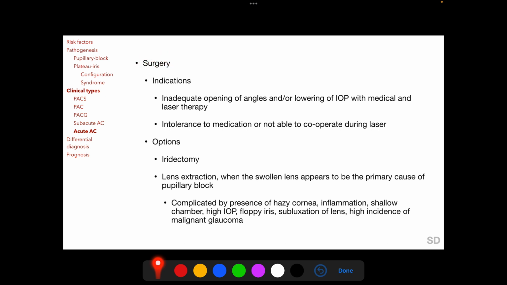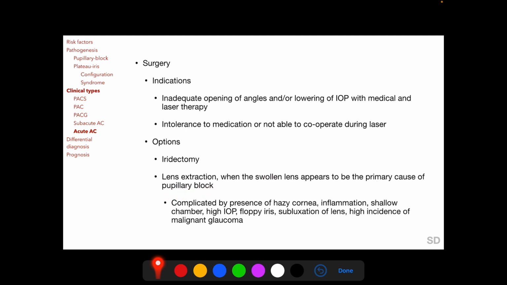Surgery for acute primary angle closure attack is indicated when there is inadequate opening of the angles and/or lowering of the intraocular pressure with medical and laser therapy, or if the patient is intolerant to medication or is not able to cooperate during laser. And options for surgical treatment include iridectomy, and lens extraction when the swollen lens appears to be the primary cause of pupillary block.